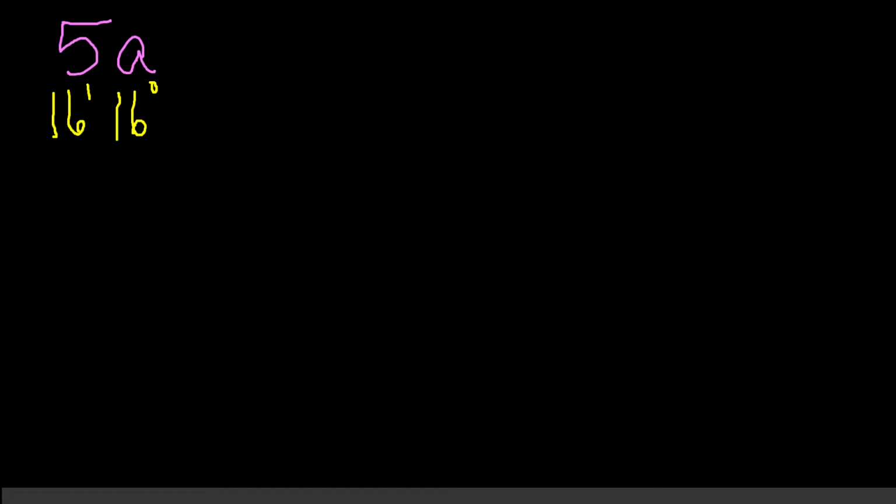In this case, we are at 16 to the 0. Anything raised to the power of 0 is 1. So this value right here in the ones place is a 10. Then in our 16s place here, that's 16 to the 1. Anything raised to the power of 1 is itself. We have 5 here. 5 times 16 is 80.